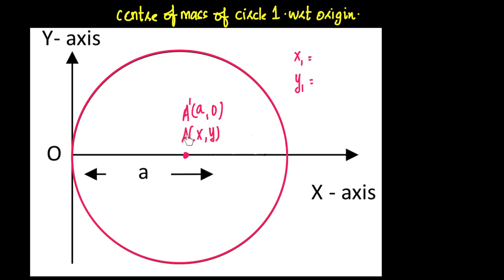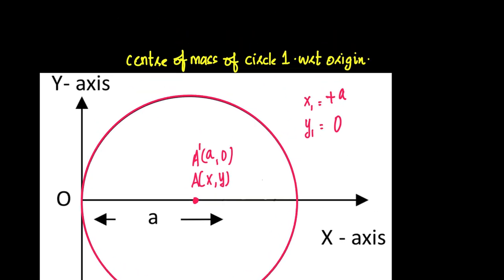Why? Because A(x, y) is measured with reference to the origin, giving the point x1, y1. Therefore, x1 is equal to, sorry, x1 is equal to plus a and y1 is equal to 0.